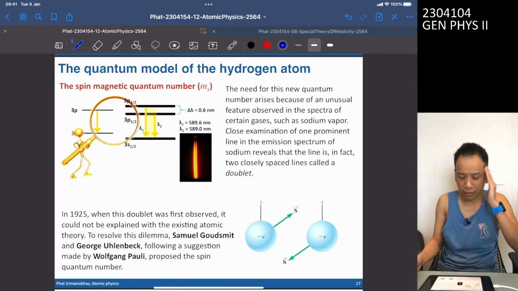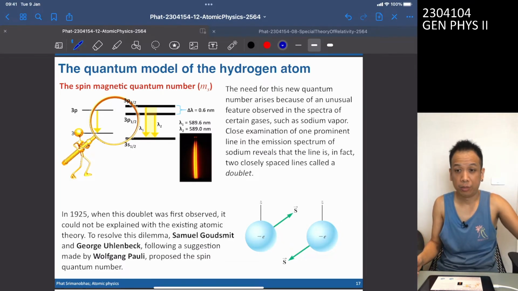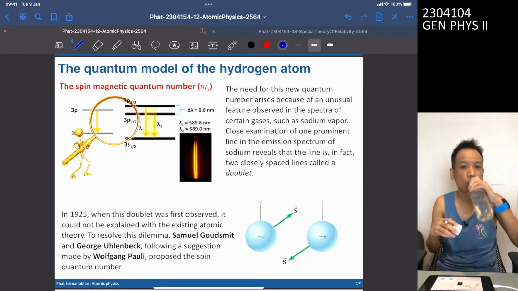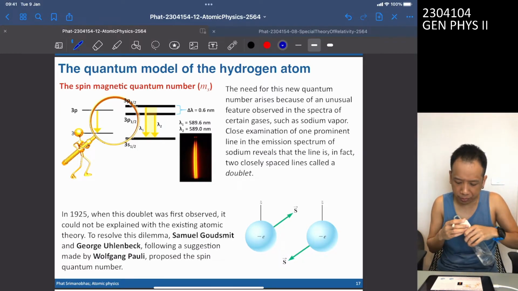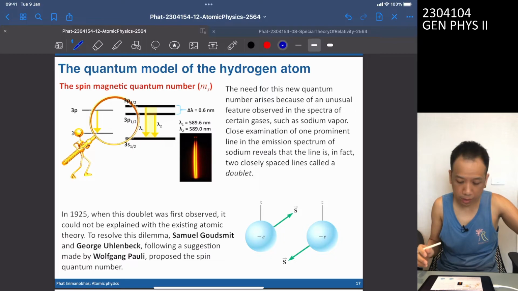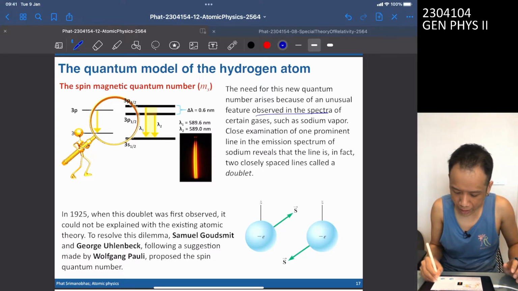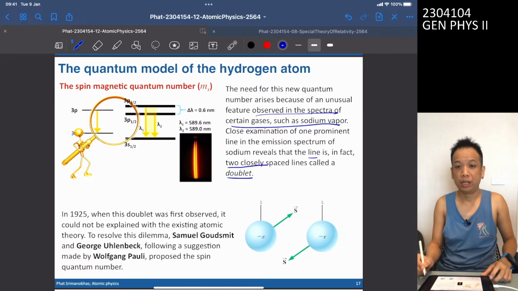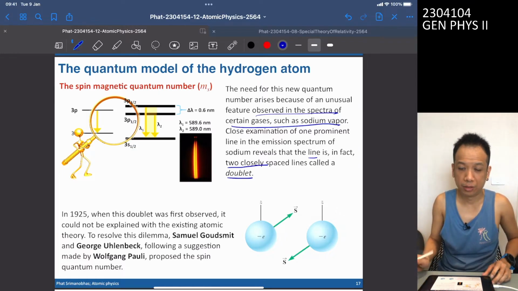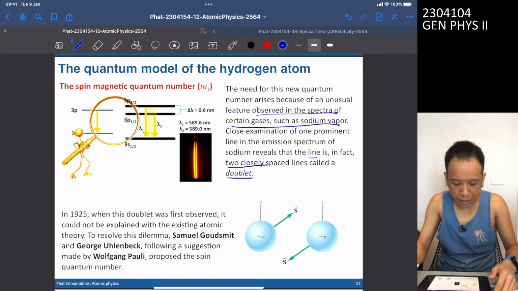A new quantum number arose from the experiments, because physicists observed that in the spectra of some gases, like sodium vapor, instead of one line there are 2 lines that come very close to each other, and that's what we call the doublet. In a place where you should have only 1 line, there is a splitting into 2 lines.